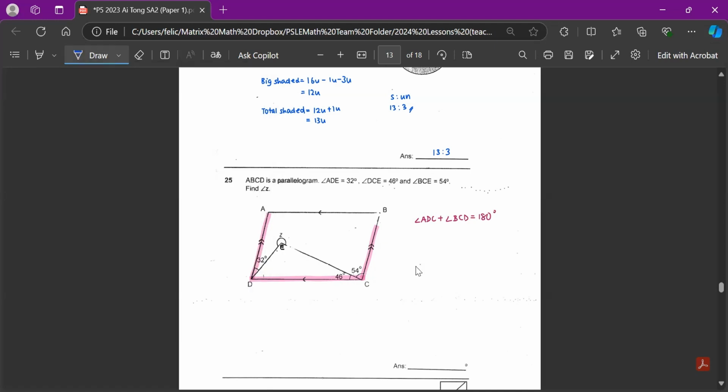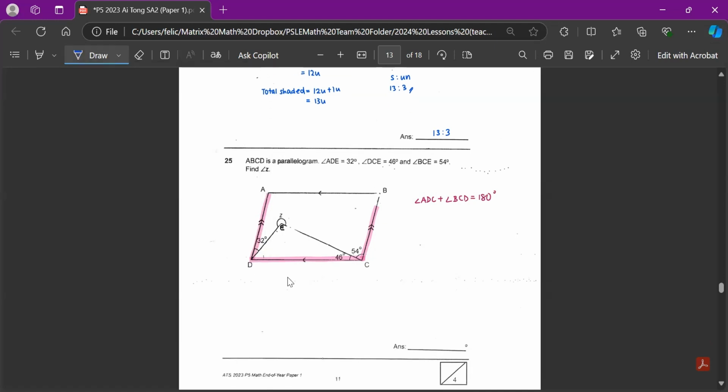Okay, so with this, I can find angle ADC first. To find angle ADC, I just take 180 minus the 54, basically minusing the corner here to get the angle ADC for the left corner. So this is 80 degrees.